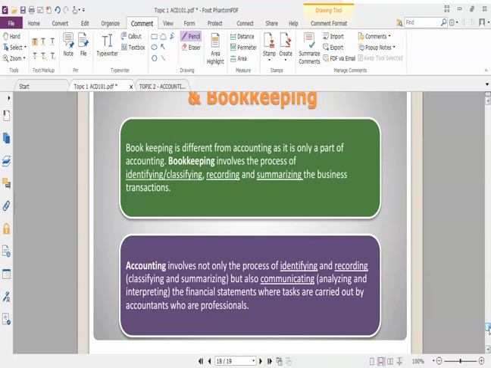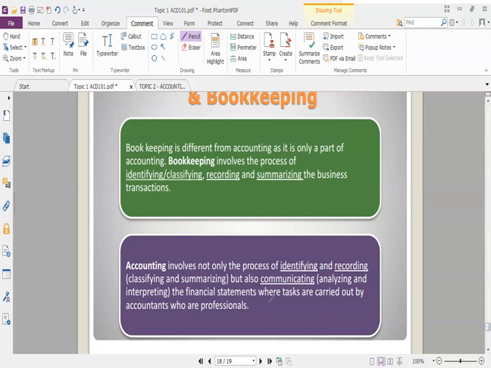But accounting involves not only the process of identifying and recording, but also communicating the information in the financial statement. You must analyze and interpret the financial statement, where tasks are carried out by accountants who are professionals.